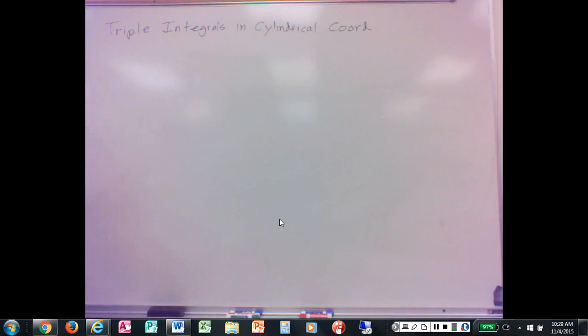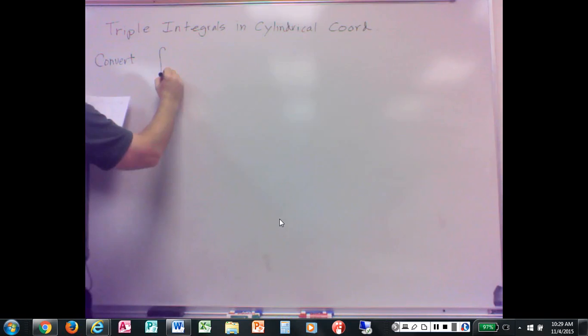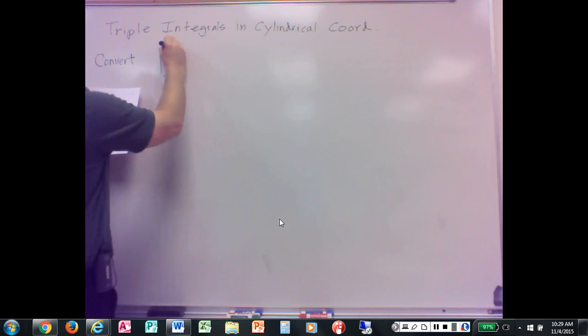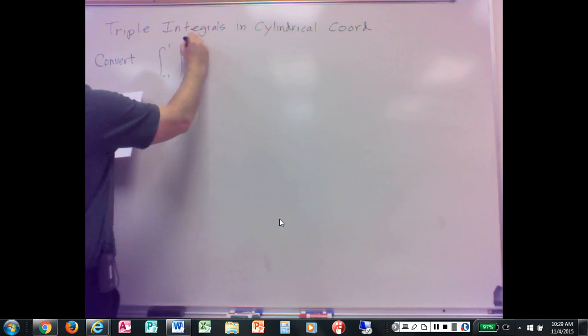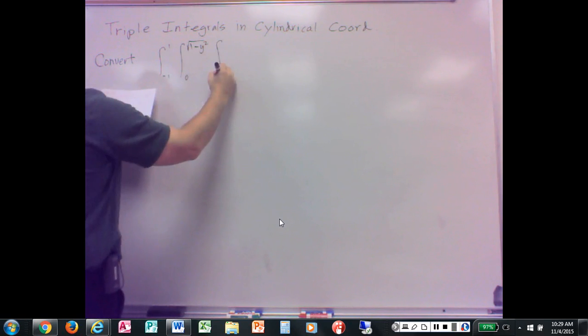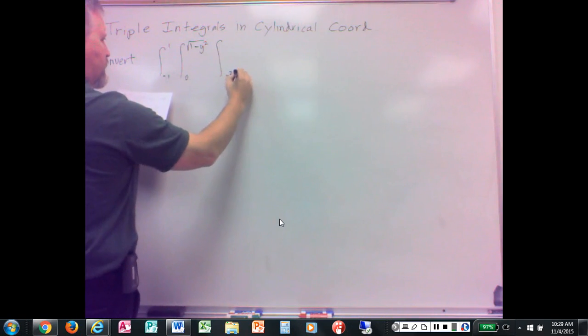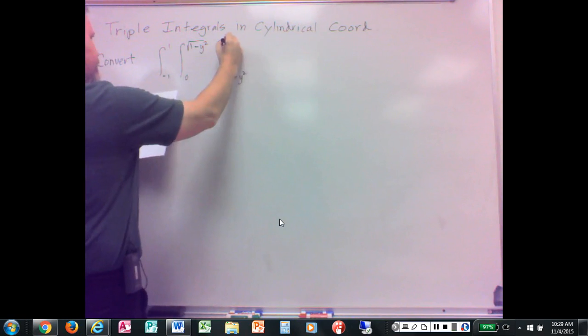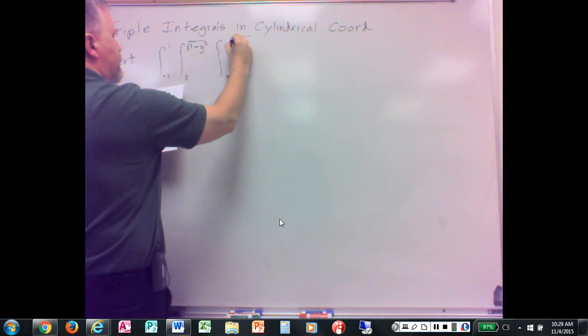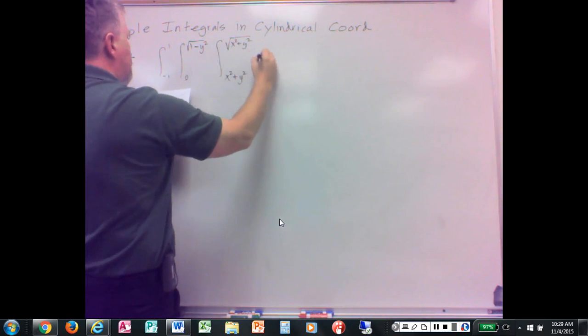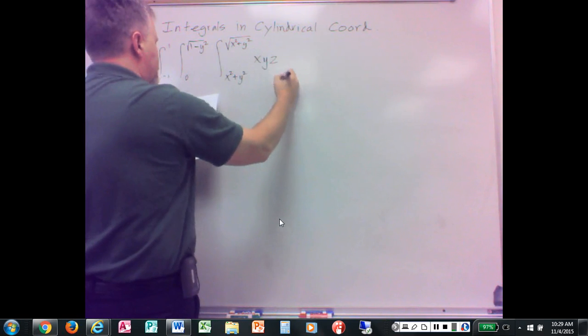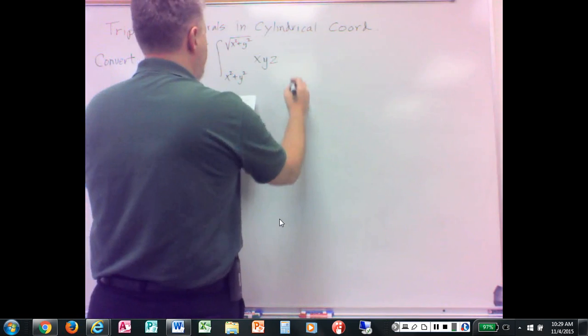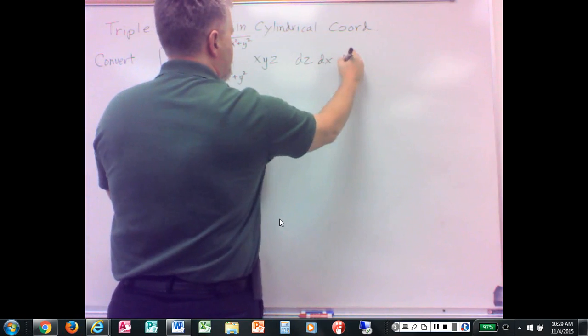Let's convert to cylindrical coordinates from that. All right, so the integral from -1 to 1, the integral from 0 to square root of 1 minus y squared, and then the integral from x squared plus y squared to the square root of x squared plus y squared. And it's dz, dx, dy.